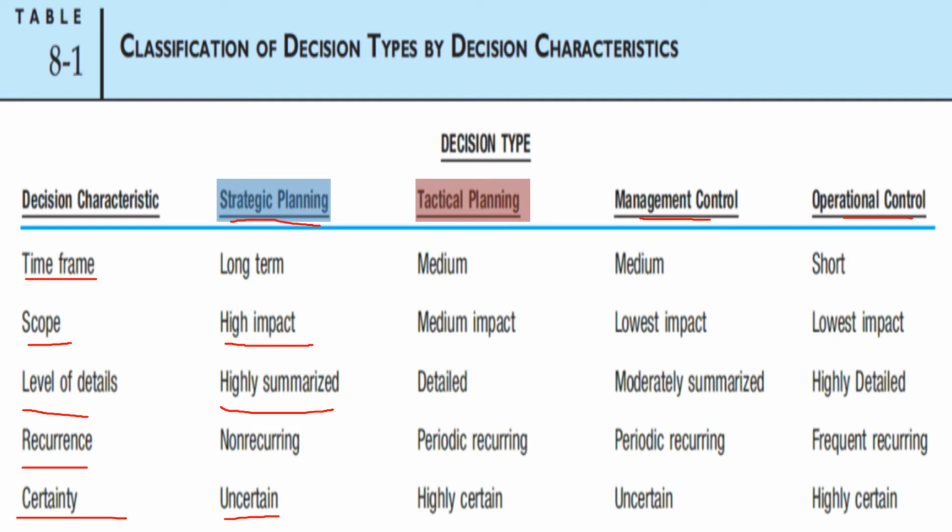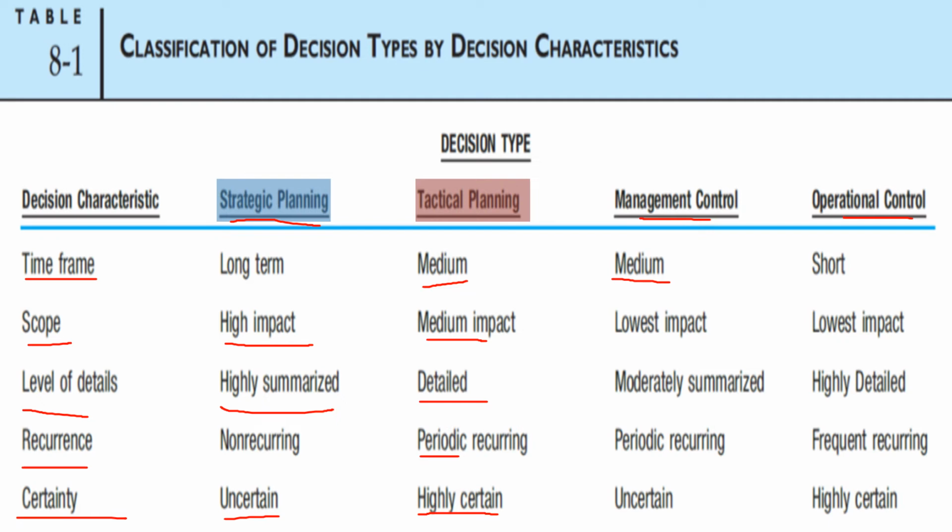Whereas tactical planning has a medium impact in terms of scope. It's detailed, periodic, recurring, and highly certain. Moving to management control, the level of decision is medium in terms of time frame.